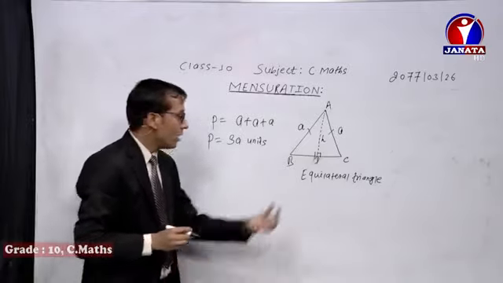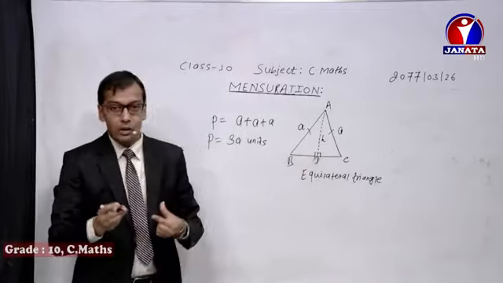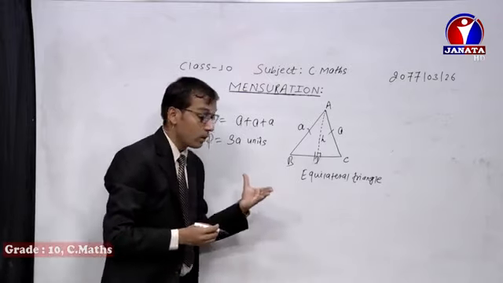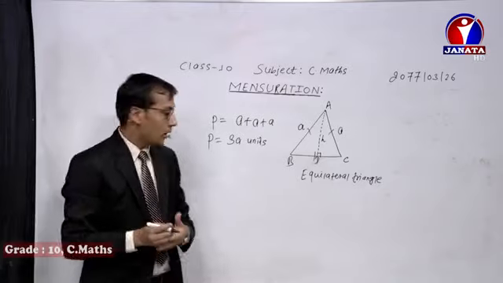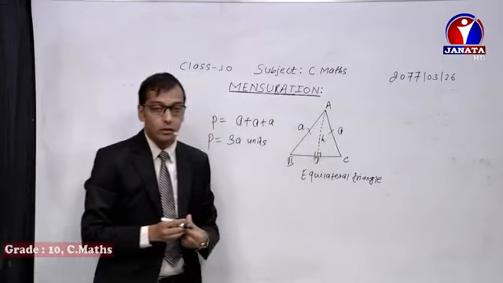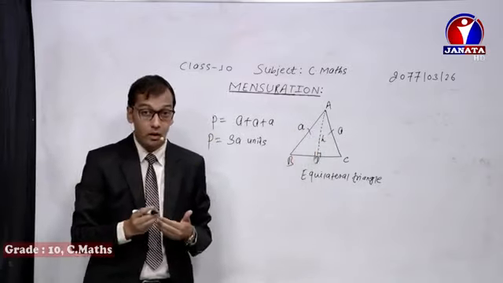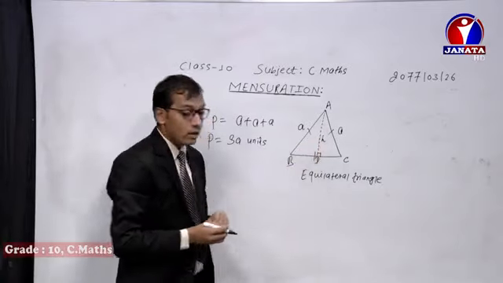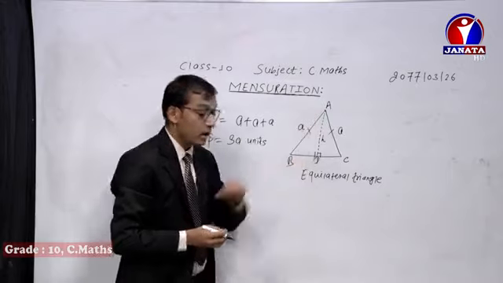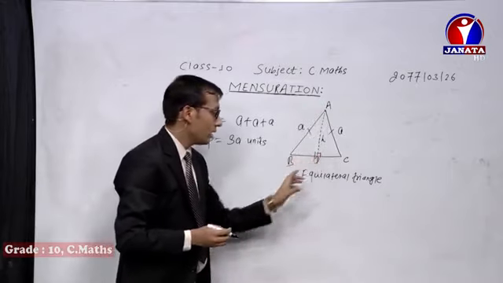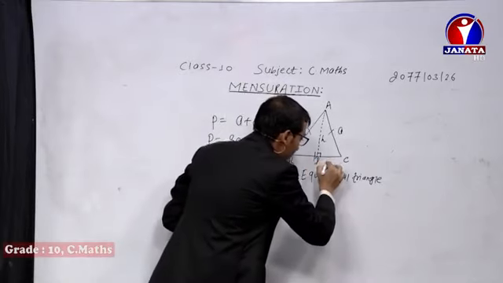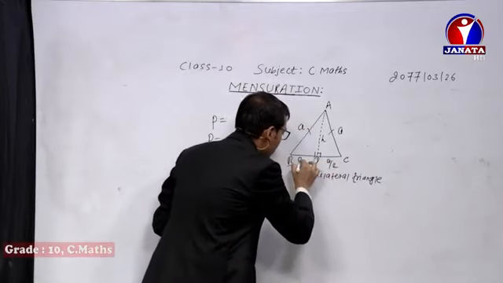We can find h by using Pythagoras theorem because in an equilateral triangle it has one property: a perpendicular drawn from vertex to its opposite side always bisects the base. Here AD is height drawn from A on BC, so AD bisects BC into two equal parts. So this is A by 2 and BD is also A by 2.